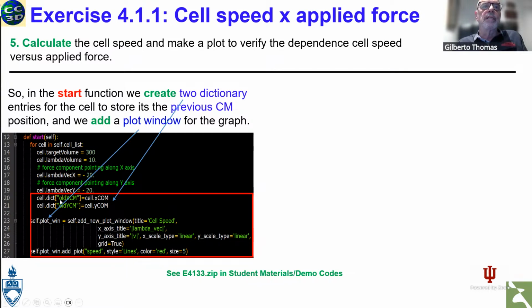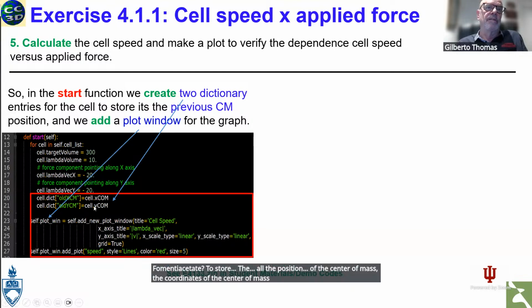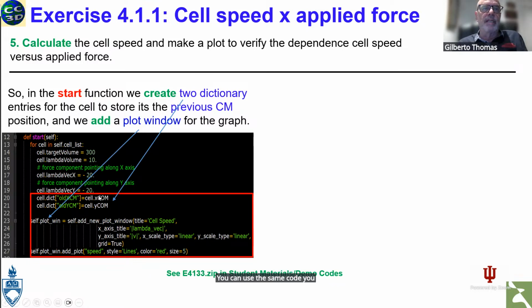To store the position of the center of mass, the coordinates of the center of mass of the cell. You can use the same code you are using so far, okay? Just to not start a new project again.